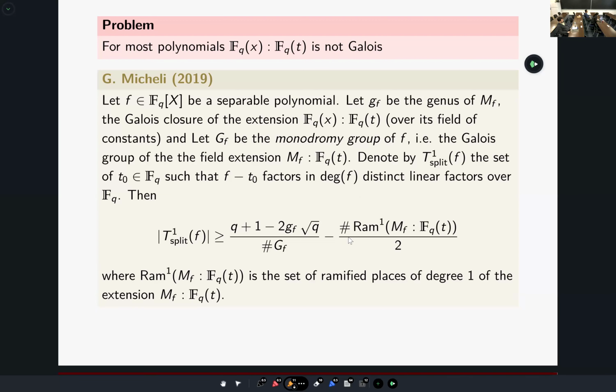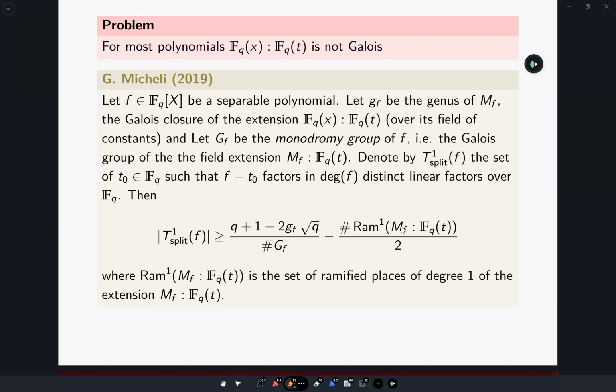Okay, so it allows us to estimate the number of totally split places by using the cardinality of the Galois group of F and the ramification of the Galois closure.